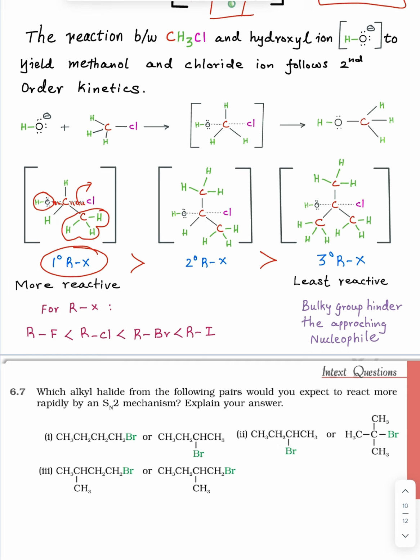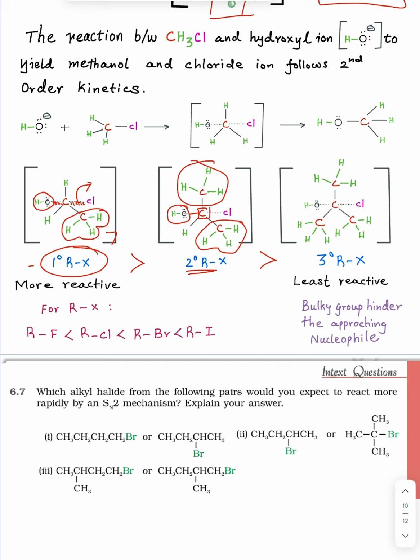But in a secondary alkyl halide, compared to the first case, I have one and two methyl groups. So the approaching nucleophile finds it more difficult to approach the central carbon. Compared to the first case, for secondary alkyl halides the approach of the nucleophile is very difficult.